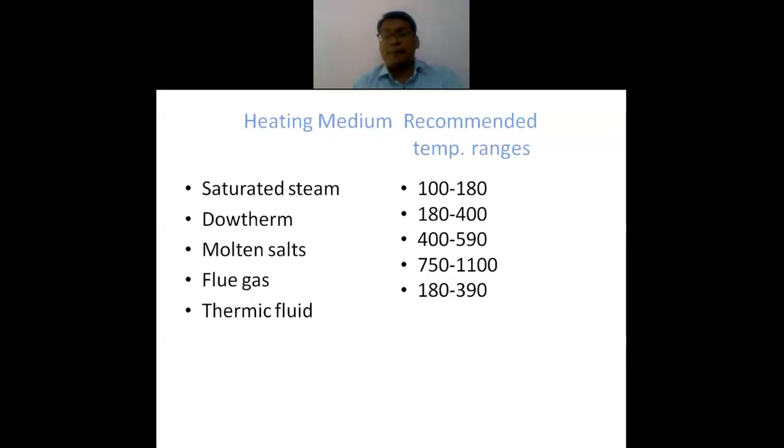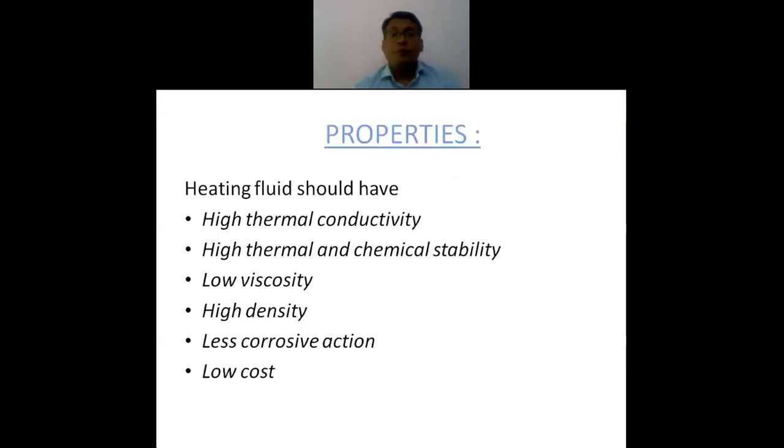Then the molten salts are used at a higher temperature, that is 400 to 600 degrees Celsius, 700 degrees Celsius. Then the flue gases from the chimney stack can be used at a still higher temperature, that is 750 to 1000 degrees Celsius. Then what properties of this thermic fluid are preferred?